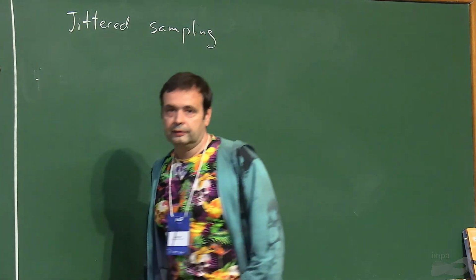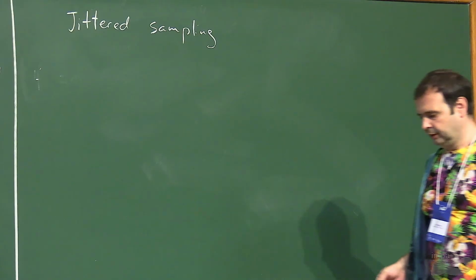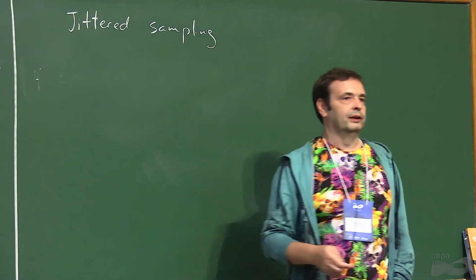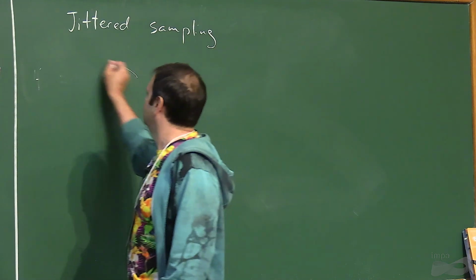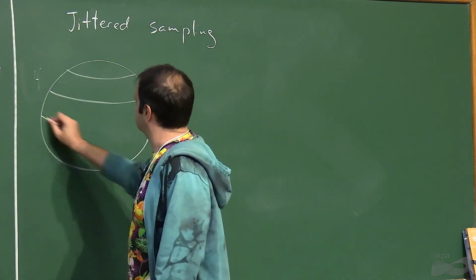So that's a way of constructing random distributions which perform better than IID random points. So you take the sphere and you divide it into pieces.